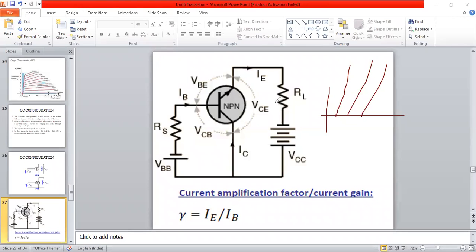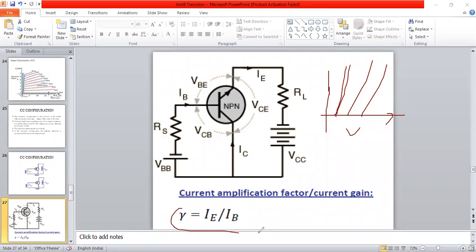So only the terminals are reversed here, but the input current is very high for a small increase in the input voltage. So what we can say is the input resistance is very low.